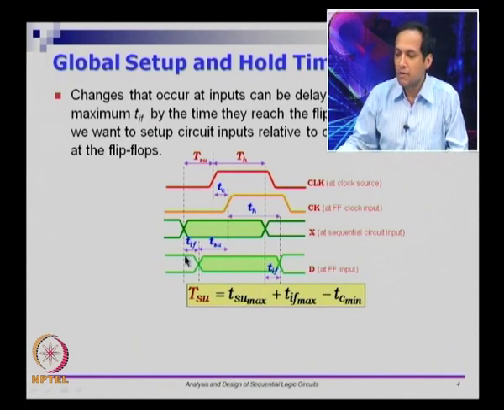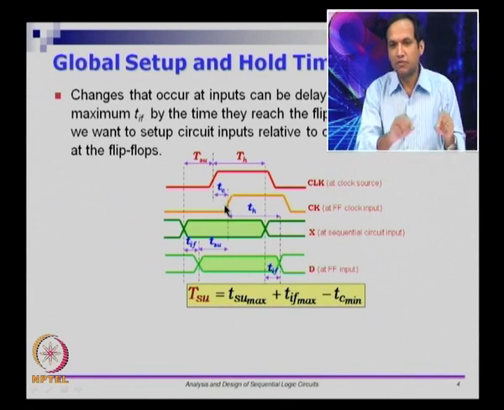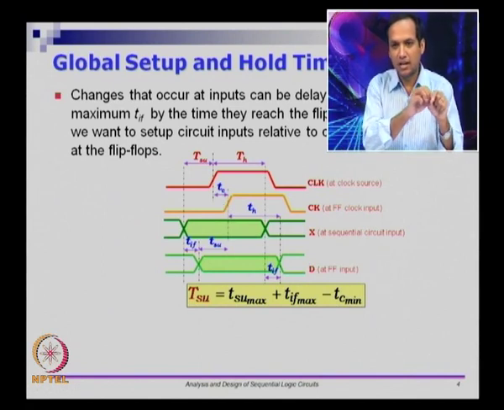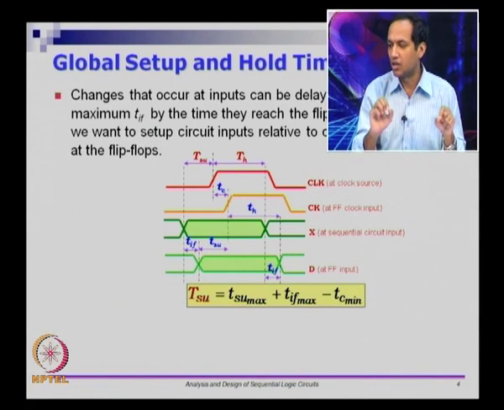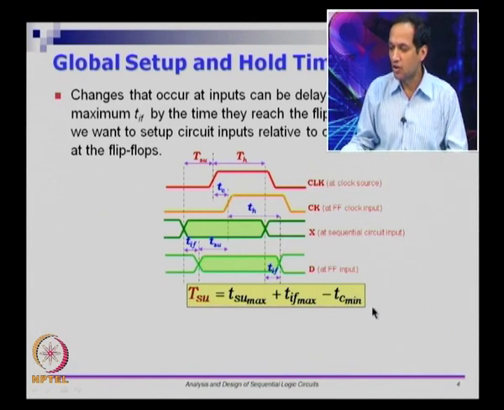If there are multiple paths from input to the flip flop, the largest of the input to flop delay should be accounted for. If I have different kinds of flip flops with different setup times, I should account for the largest setup time, and if there are different flip flops, some flip flops may be closer to the external world and some may be far away from the external clock trigger, so the smallest of that should be accounted for. If I account for all of these, then TIF plus TSU minus TC gives me the global setup time.